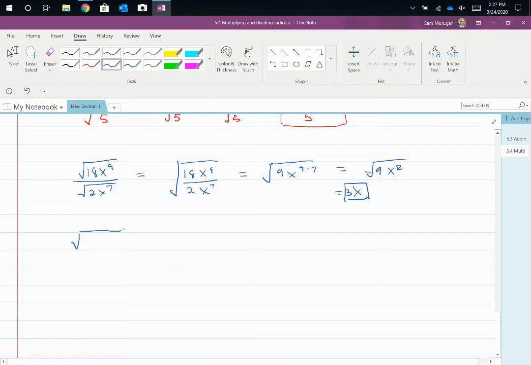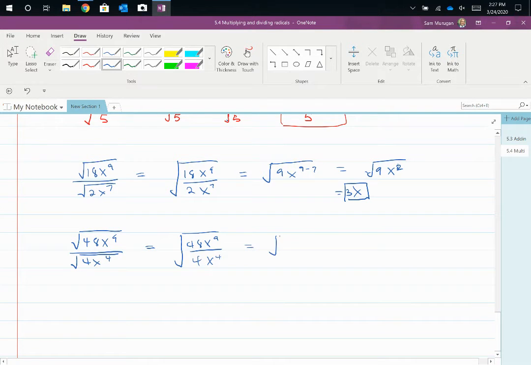Square root of 48x to the power 9 over 4x to the 4th power. Again, combining into a single square root, we've got 48x to the power 9 over 4x to the power 4.